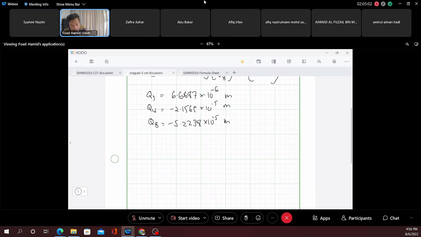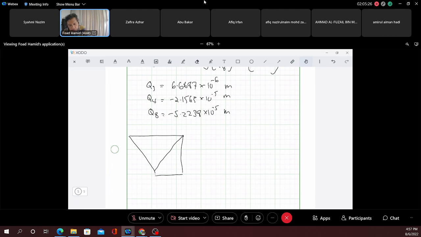The shape of the structure after loading. So let's say this is before loading, and this is our Q1, Q2, Q5, Q6, and this is our Q3 and Q4. Q3 moves positively, which means after the loading, this is what happened.